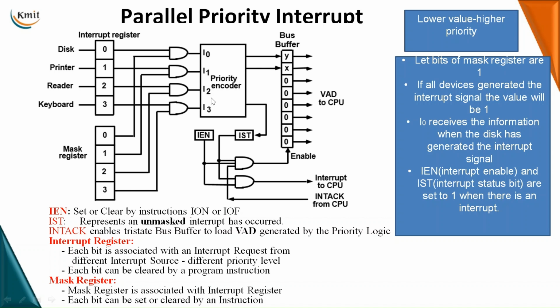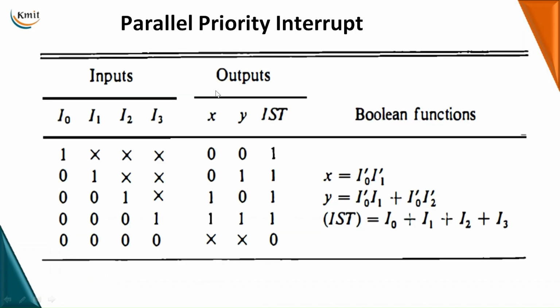When I1 and I2 are one, based on the truth table, I naught is the high priority device and I3 is the low priority device. When the interrupt request of I naught is 1, the priority encoder output for I naught is 1, and the remaining are don't care conditions because this is the high priority device.